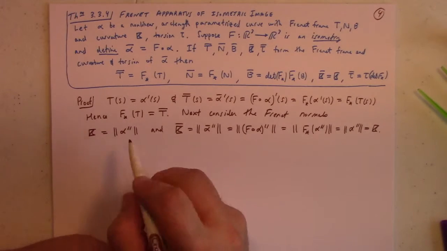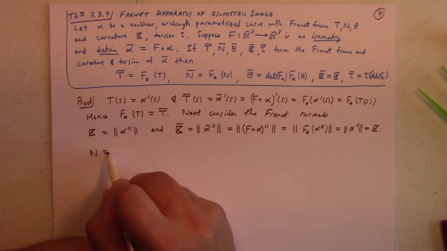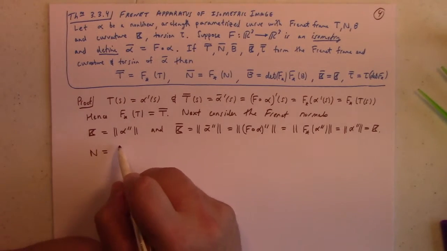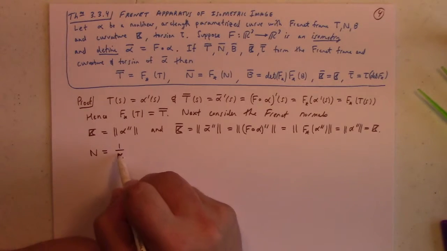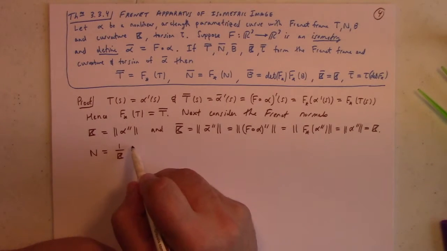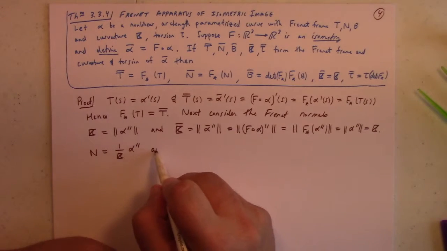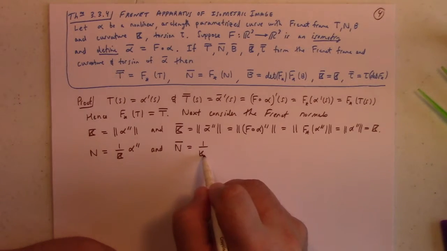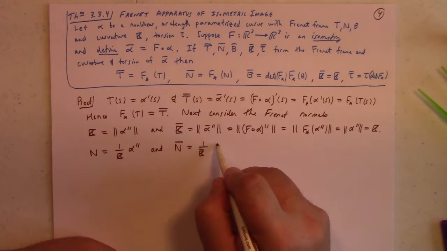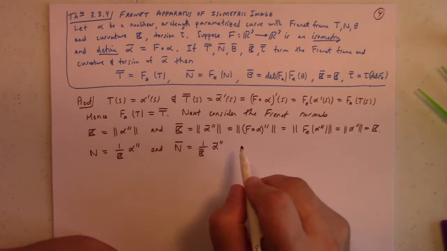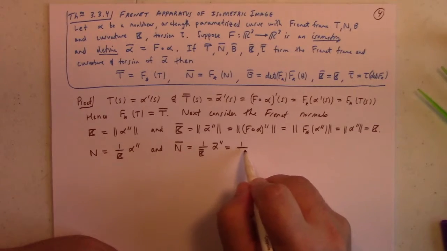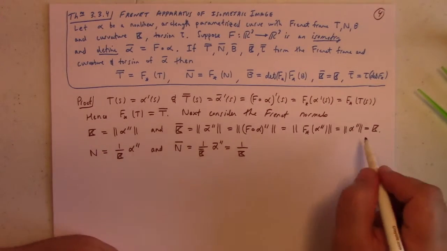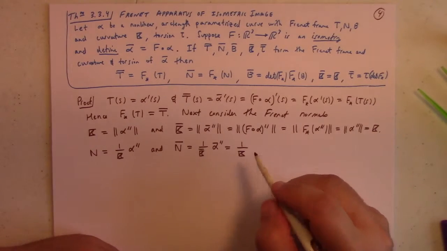Getting back to the Frenet normals, N is, of course, 1 over the curvature times alpha prime prime, and N bar is 1 over the bar curvature times alpha bar prime prime. But we know curvature bar is equal to curvature, so I can leave it as curvature.